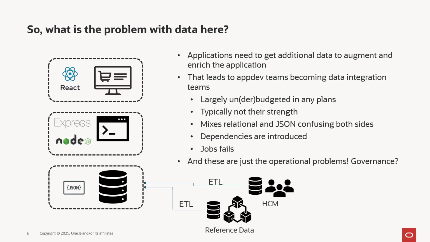That's where the data problem starts. First and foremost, an app dev team now becomes a data integration team. And most of these teams are not really set up to do data integration. I'm not sure how it works in your organizations, but in my previous company, we didn't necessarily budget all of the wonderful ETL work that people needed to go do.